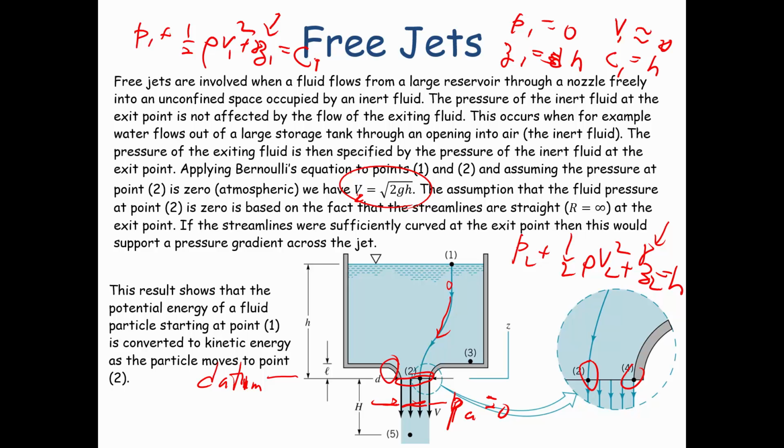So this comment that I make right here is about the fact that the result shows that the potential energy the fluid has at point 1, where there's no velocity and so no kinetic energy, it's all just potential energy, the elevation of the point, is completely converted to kinetic energy going from point 1 to point 2.